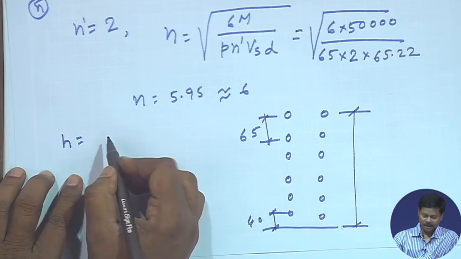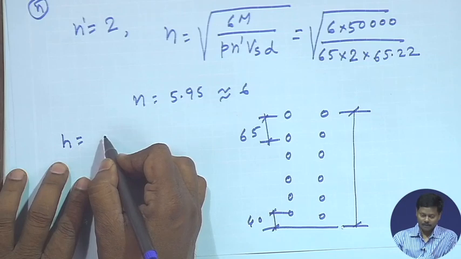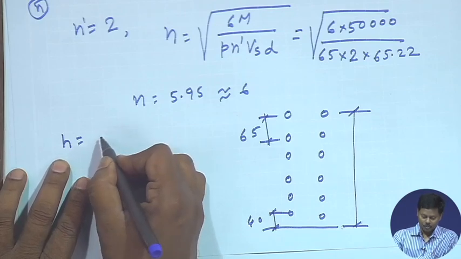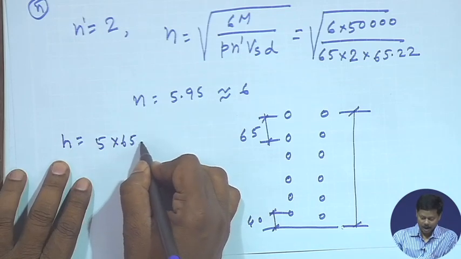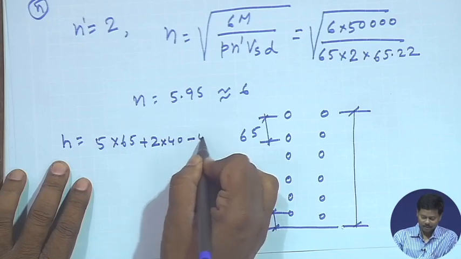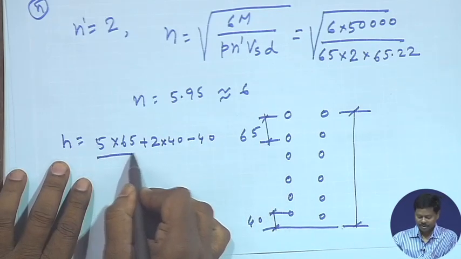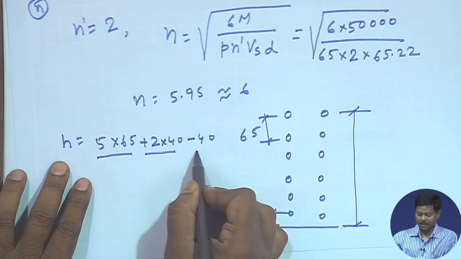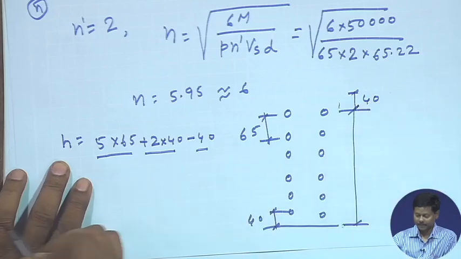So this I can find out as 5 into 65 plus 2 into 40 minus 40. Total distance will be 5 into 65 plus 2 into 40 minus 40, because from here to here it is 40.